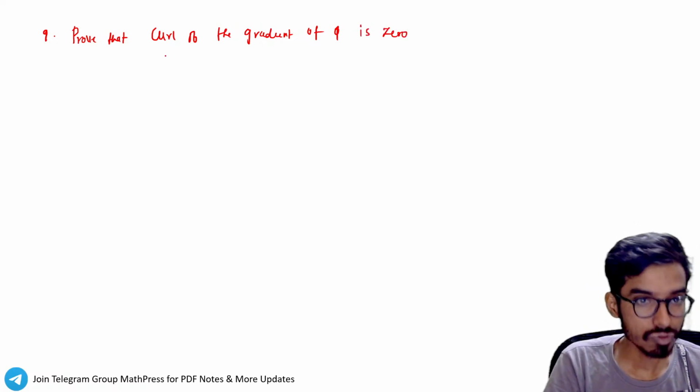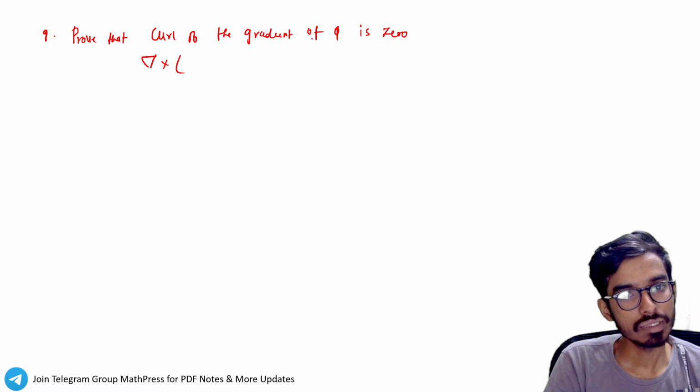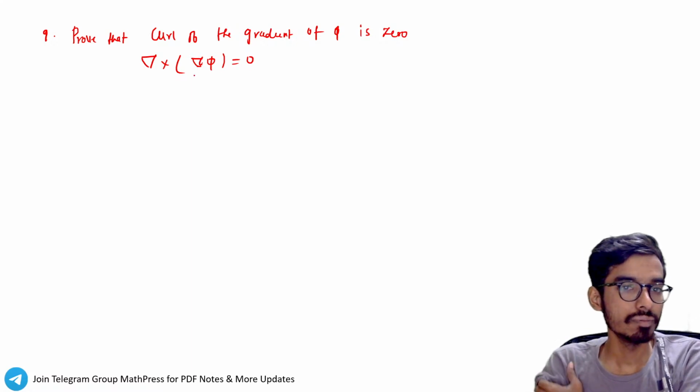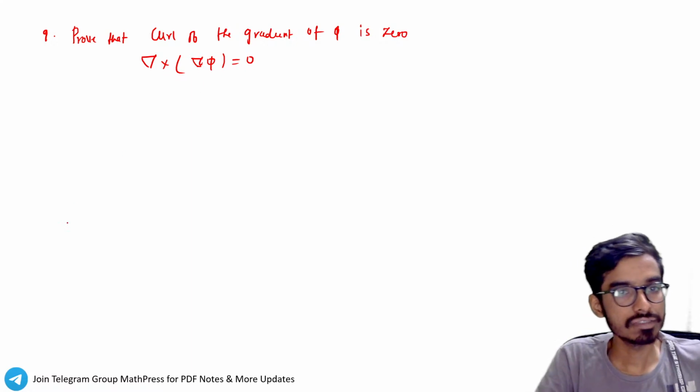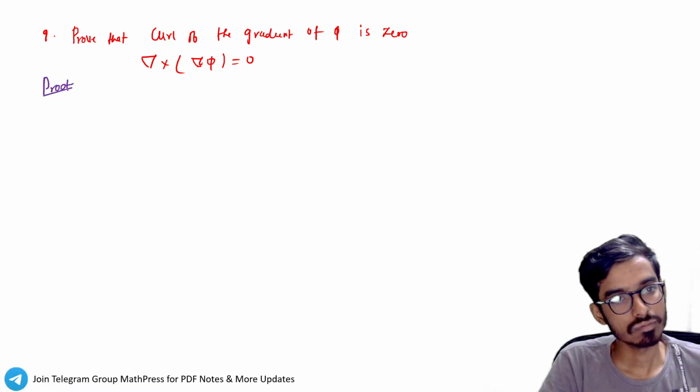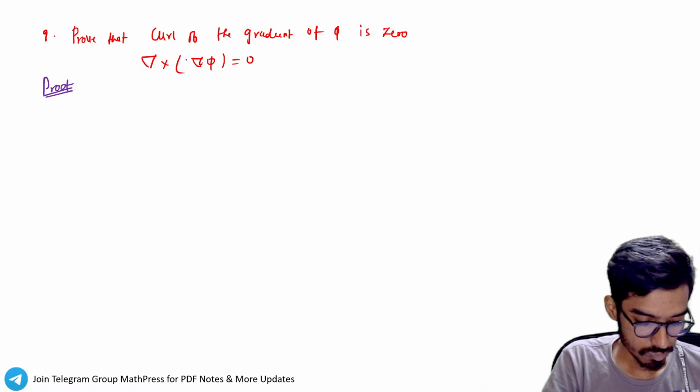That is, we need to prove curl of the gradient of phi is 0, right? So del cross del phi. We need to prove del cross del phi is 0, right? So we'll prove this.